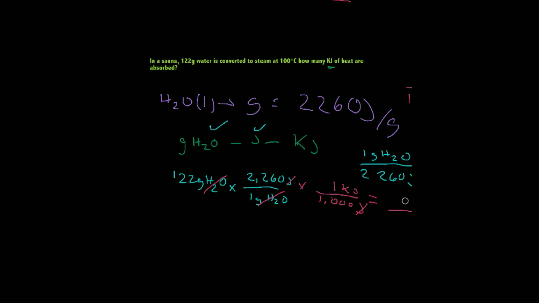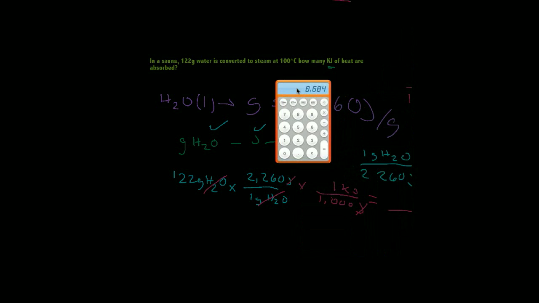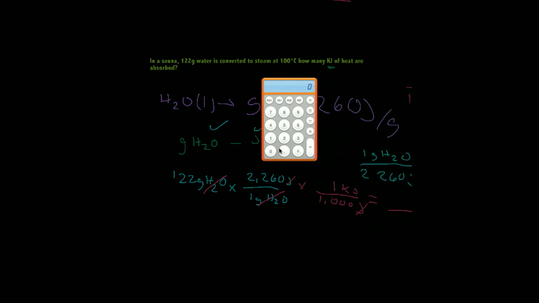So now all we have to do is plug this into our calculator. We have 122 grams times 2,260. Divide that by 1. Multiply that by 1 for this 1 kilojoule. Divide that by 1,000.